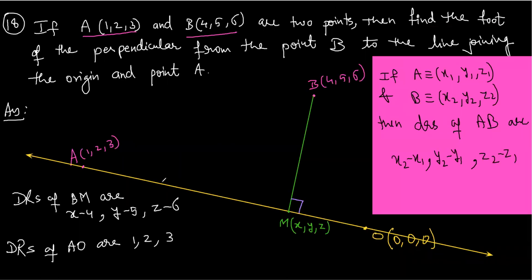Now here what I notice is, look at line AO and line AM. They are coincident lines, so definitely they are parallel to each other. They are collinear with each other.